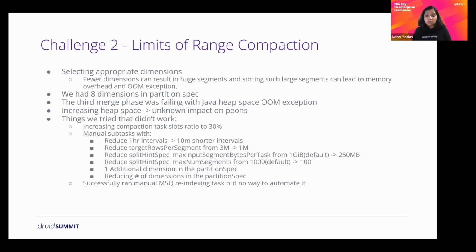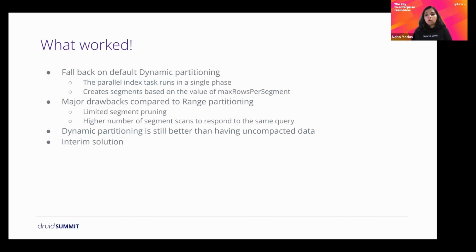Based on their suggestion, we were able to successfully run a manual MSQ reindexing task. But the problem there was we did not have a way of automating MSQ reindexing tasks, so there was no way we could run so many MSQ tasks at the scale of our cluster. So what really worked for us?